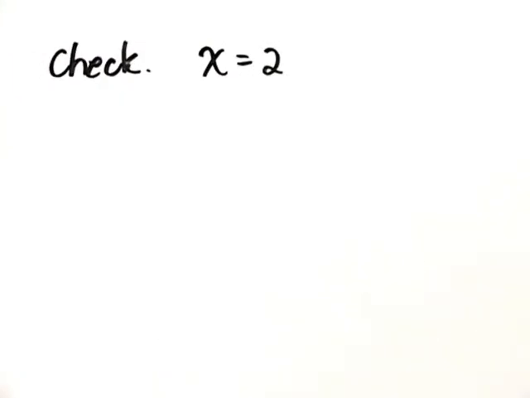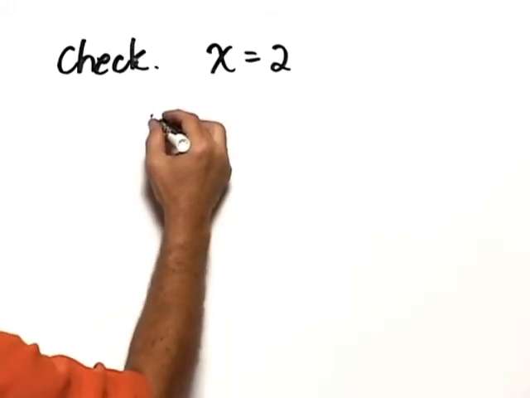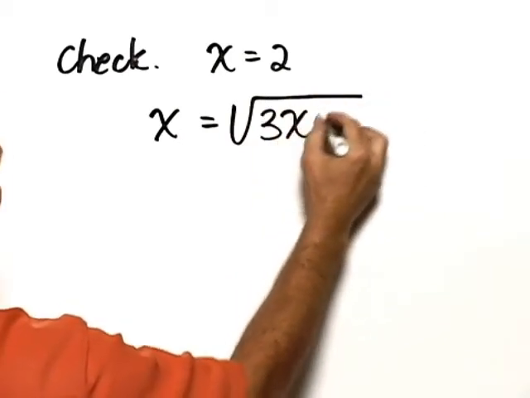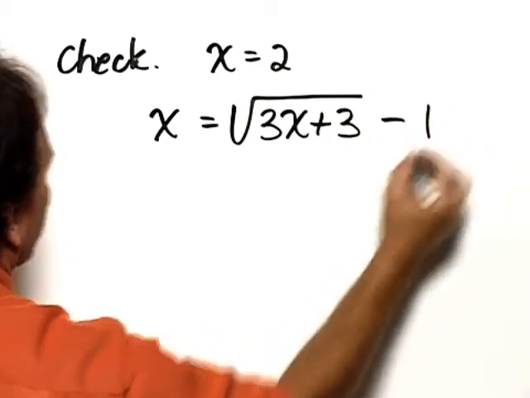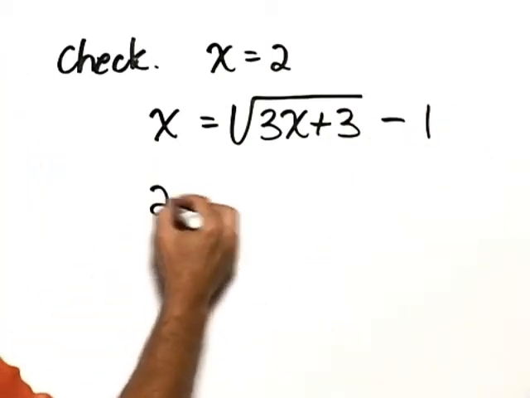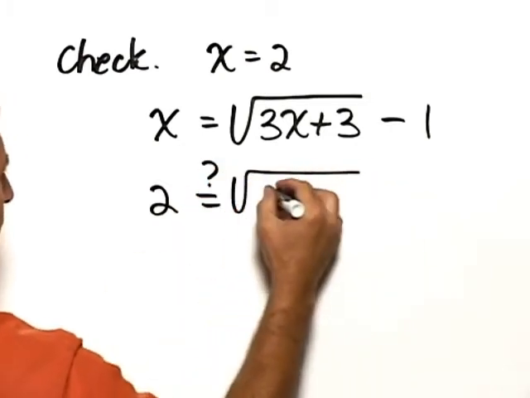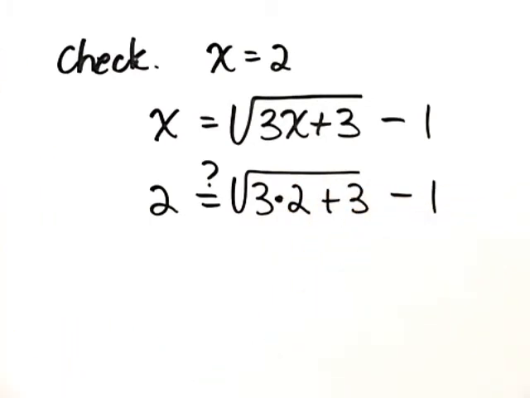So we check first x equals 2. We substitute 2 into the original equation, and the original equation, remember, is x equals the square root of 3x plus 3 minus 1. So we would have 2 equals question mark the square root of 3 times 2 plus 3 minus 1.